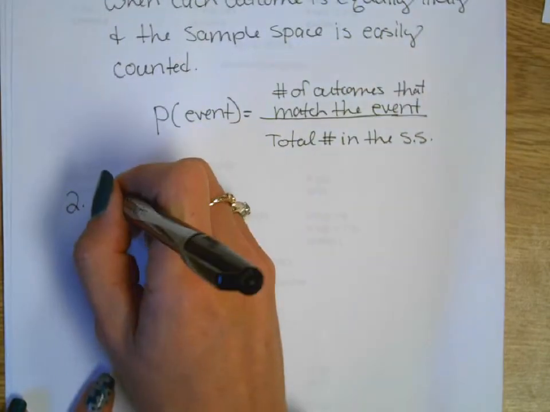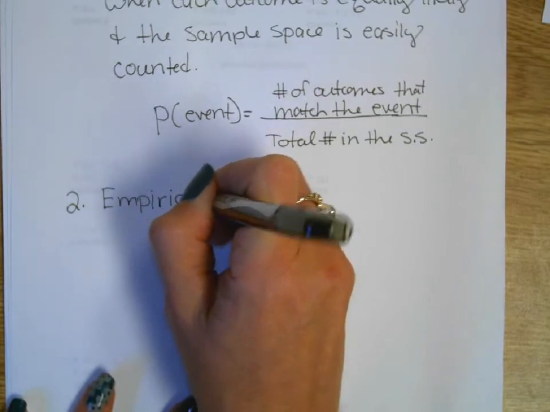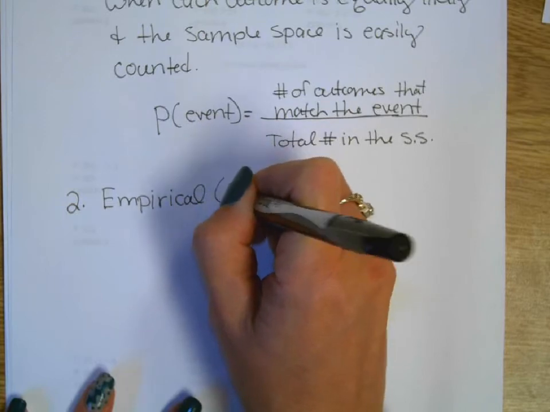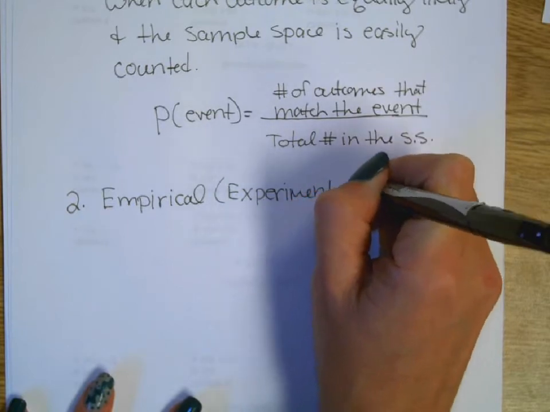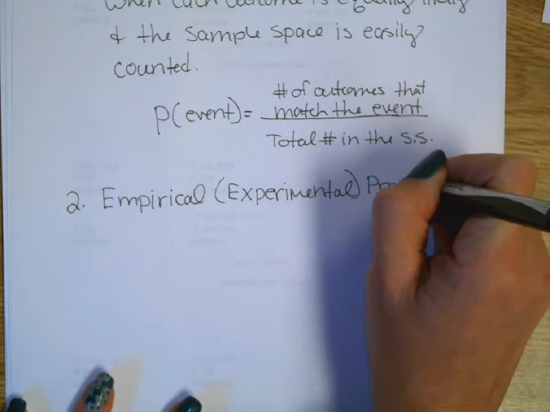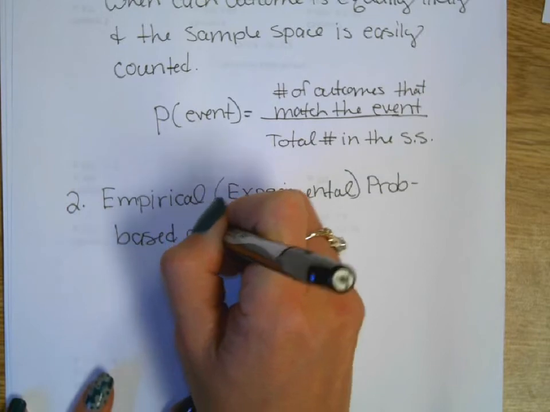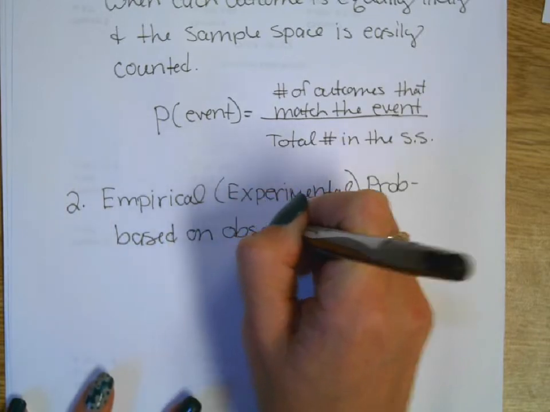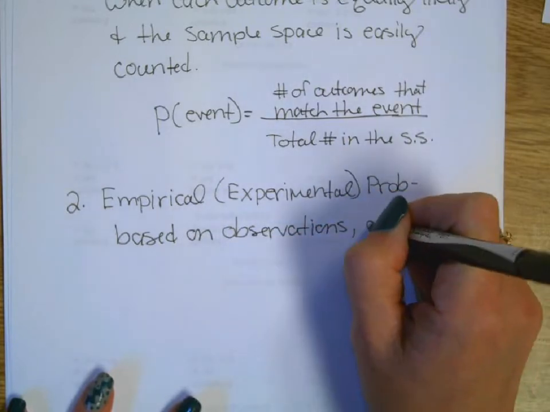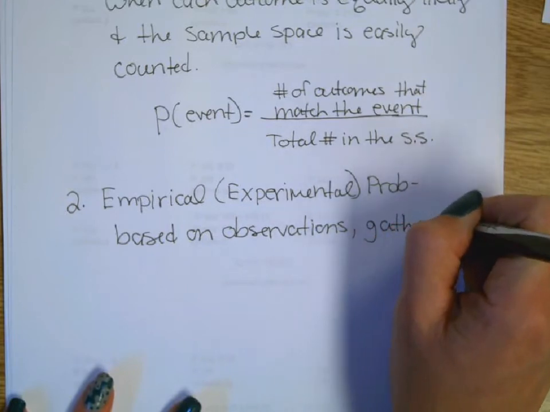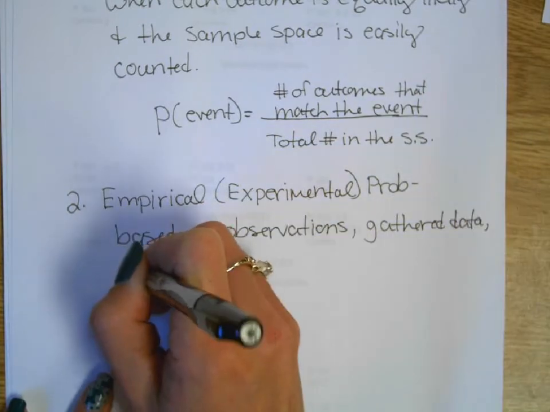So empirical, also known as experimental, these are based on observations or some kind of gathered data. Or an experiment's repeated.